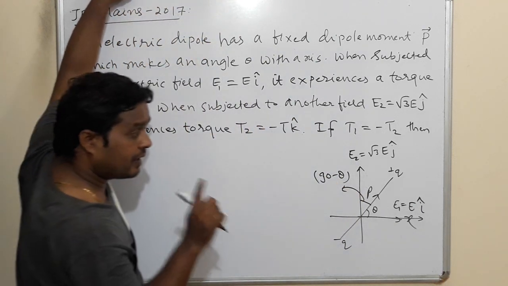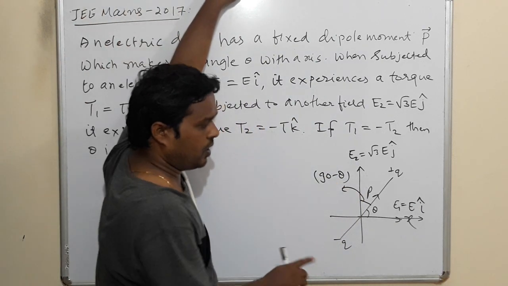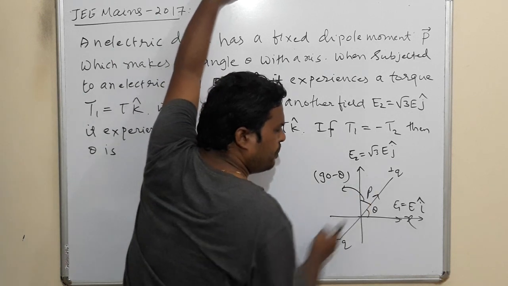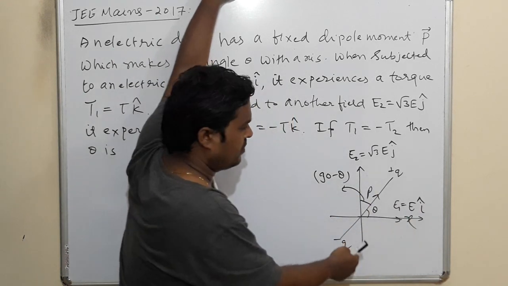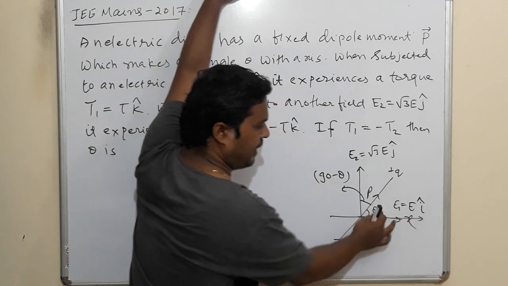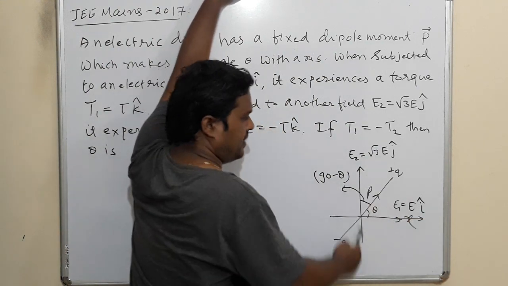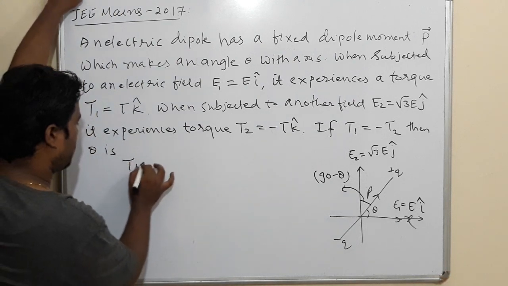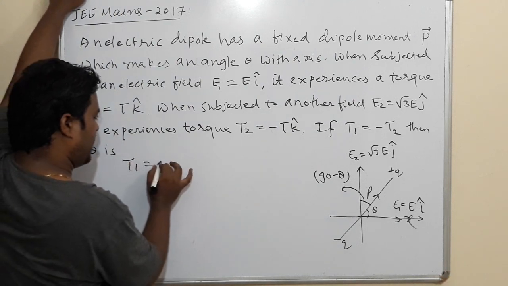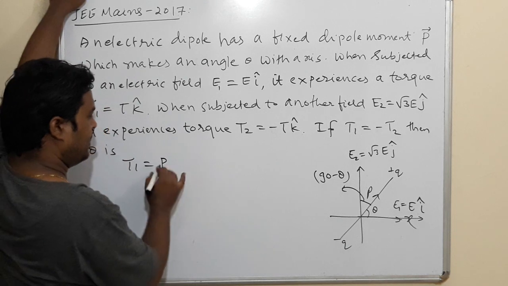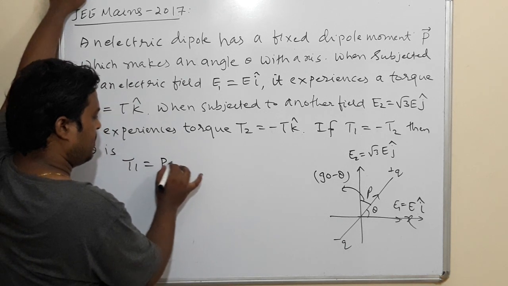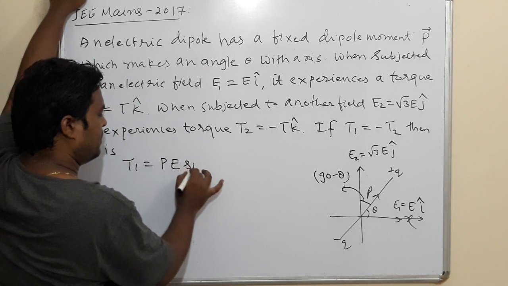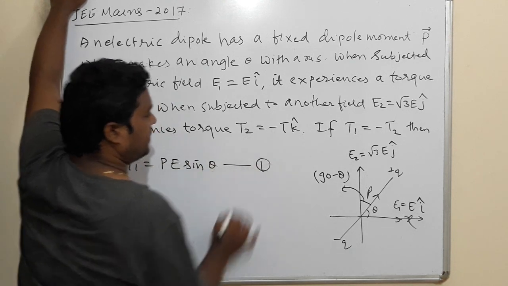To calculate the torque, we will take the angle between P and E. This is P, this is E, angle theta. This is P, this is E, angle 90 minus theta. Then what is torque 1? Torque 1 in magnitude is P cross E, or PE sin theta.